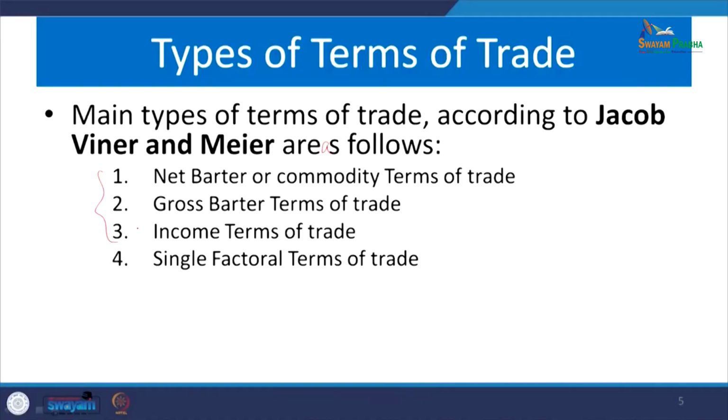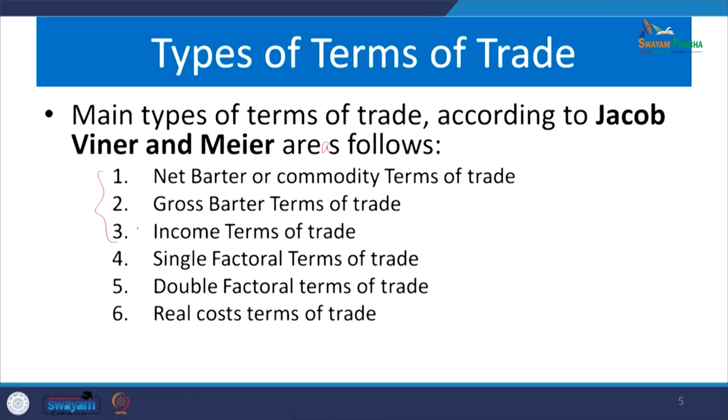These three categories are based on commodity exchange. Fourth is single factoral, then double factoral terms of trade. This is of the second category which we discussed, based on productivity. Sixth is real cost terms of trade and utility terms of trade. This is based on gains.